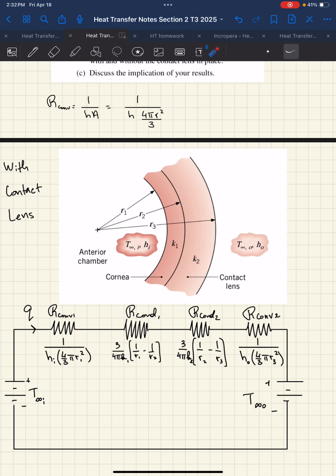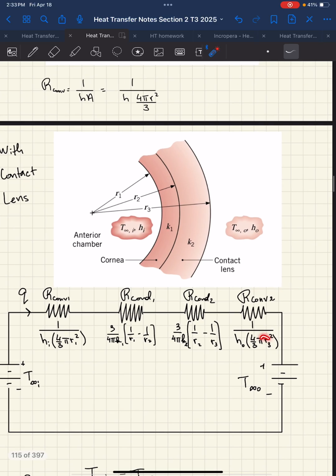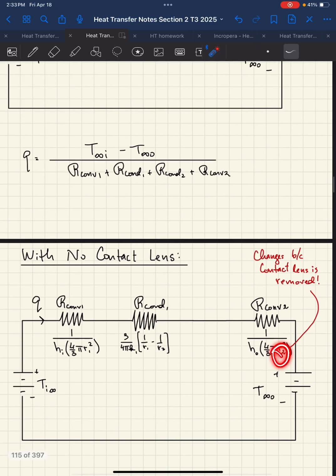So with the contact lens, your surface area is this, from this radius. So it's 4/3 pi r sub 3 squared. But when you take the contact lens out, now it's just the outer part of the cornea that is exposed to the environment. So now your radius has gone down, hence this area actually decreases. It's not going to be radius 3 anymore, it's going to be radius 2. So that's the only thing you have to be careful of.